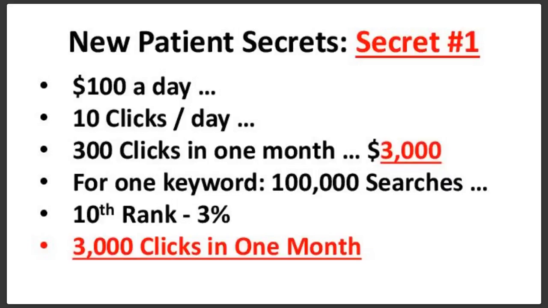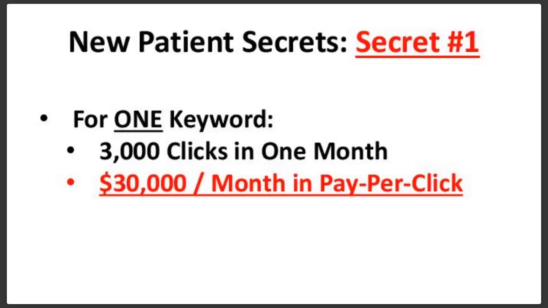Now research shows that the 10th ranked website on Google gets roughly 3% of the clicks going into that website. So what this means is if you are the 10th ranked website for the keyword dentists near me, you are getting roughly around 3,000 clicks in 1 month.